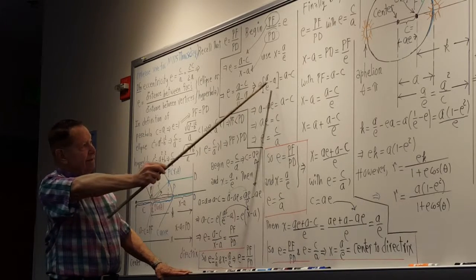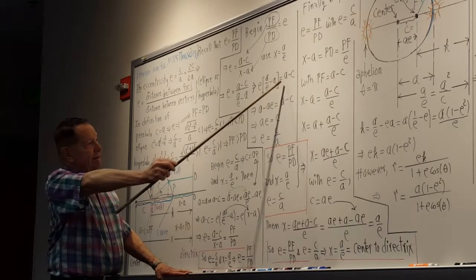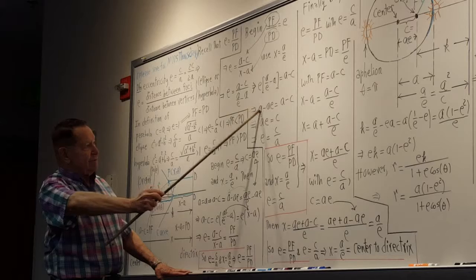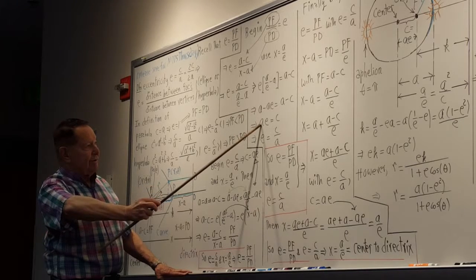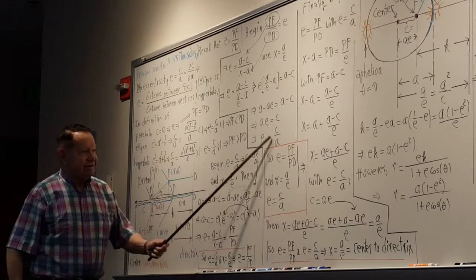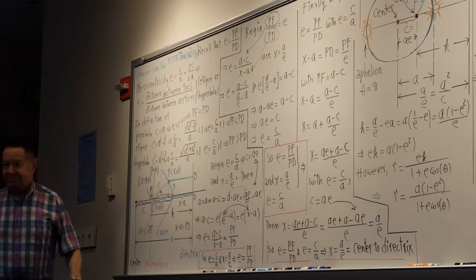You have A minus AE is A minus C. So then the A subtracts off. So AE equals C, and E is C over A.